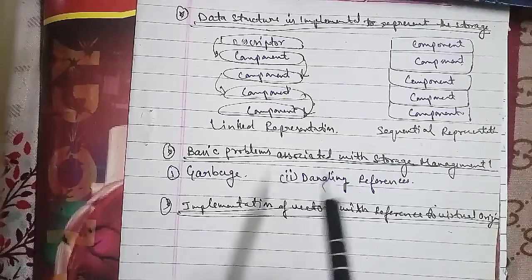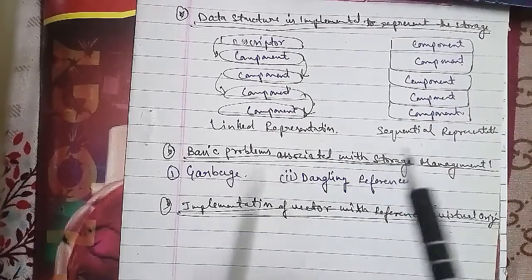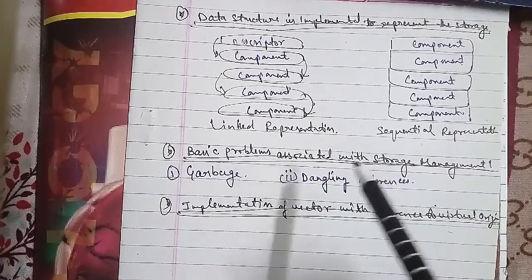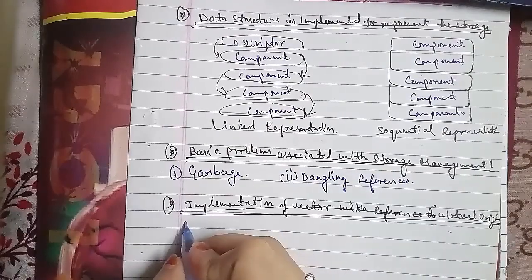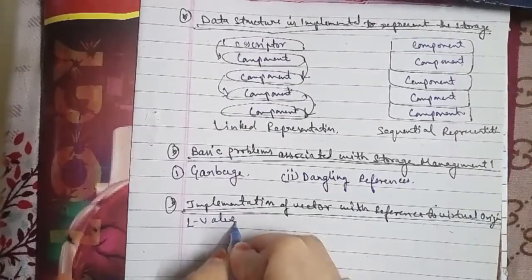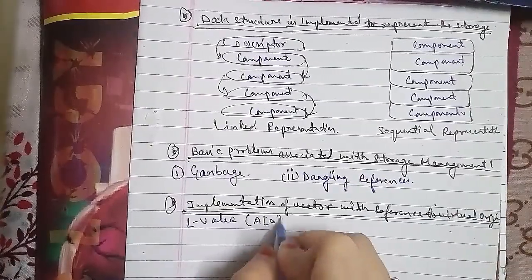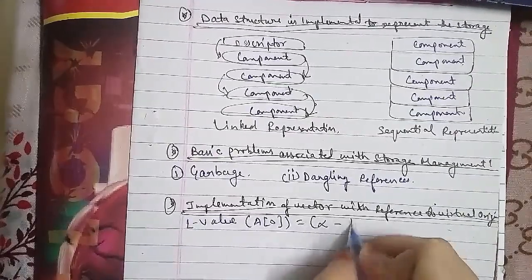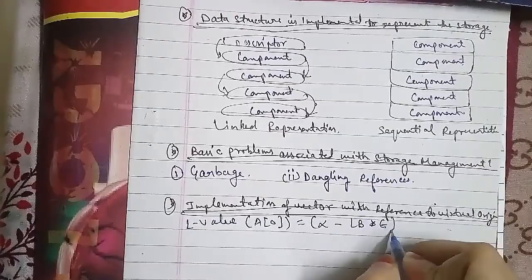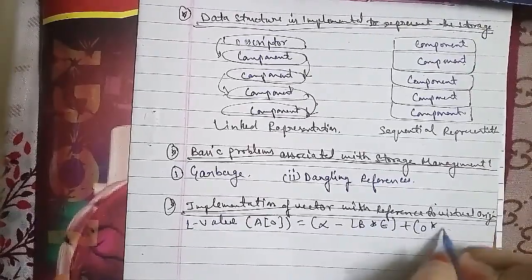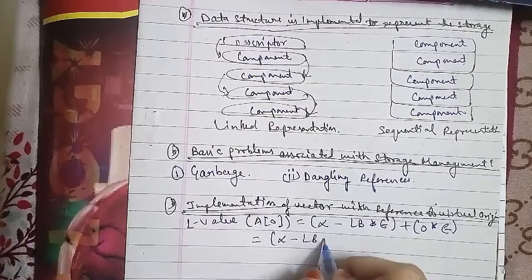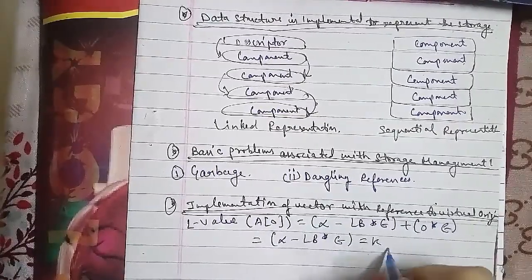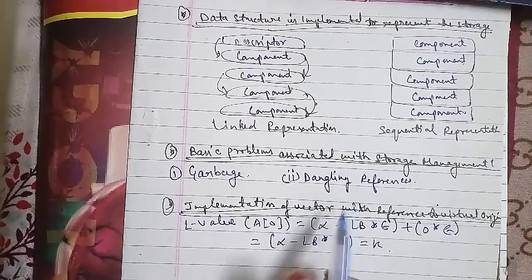The accessing formula for the L value of A of 0 is alpha minus lb times e plus 0, which I will just write down. That will be represented in the form alpha minus lb times e equals k, where k represents the address that element 0 of the vector would occupy if it existed.